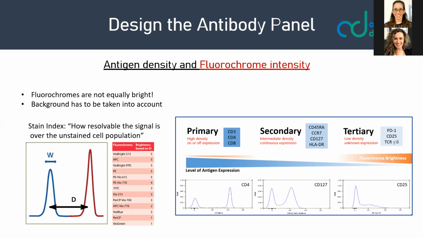If it's completely cleaved off, you cannot do anything. But in case it's a partial cleavage, you can, of course, titrate the enzyme concentration. And you should choose a bright fluorochrome for the antigen that is partially cleaved off from your cell surface. So this is also something that needs to be considered.